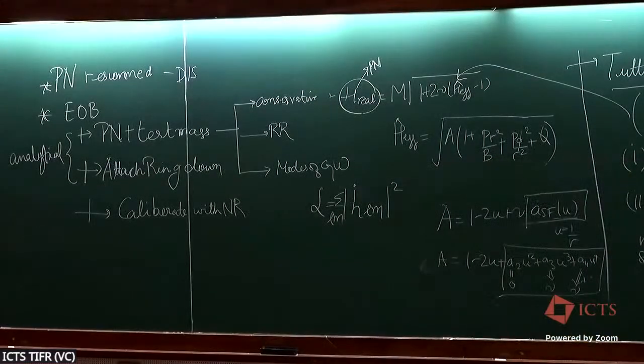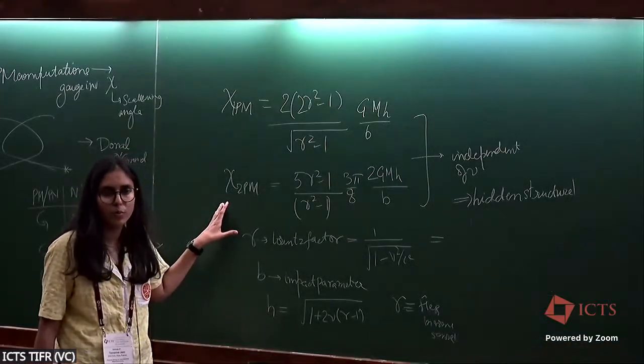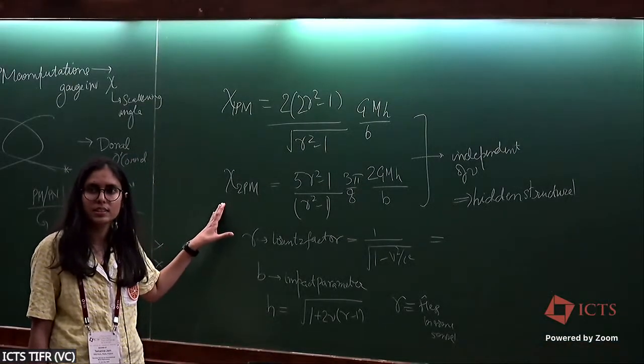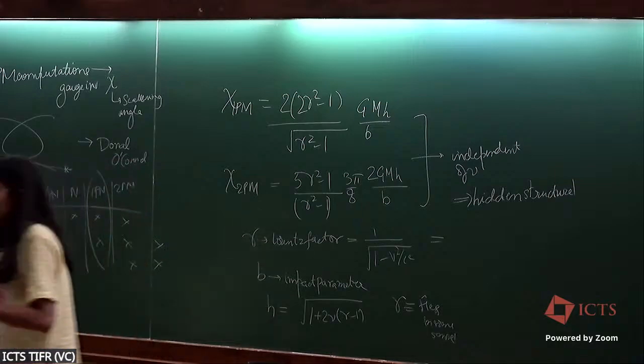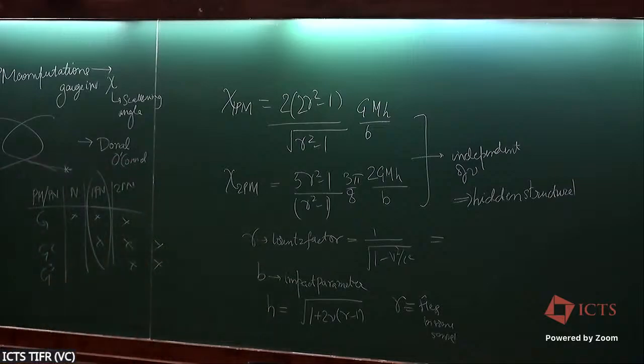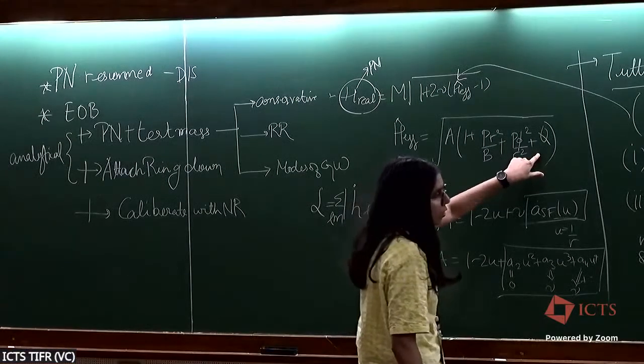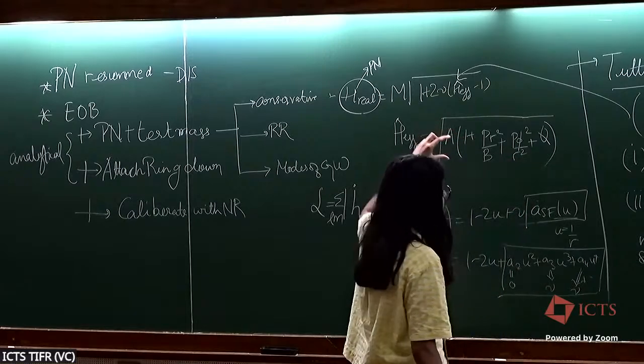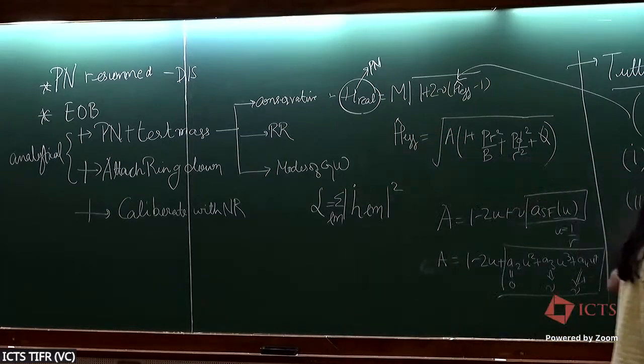Now we note that the PM computations or the scattering angle computations are for hyperbolic encounters, so we cannot consider a circular orbit limit, implying we should be able to obtain everything, A, B, and Q, and we are not able to isolate the A potential as we could isolate in the GSF computations.